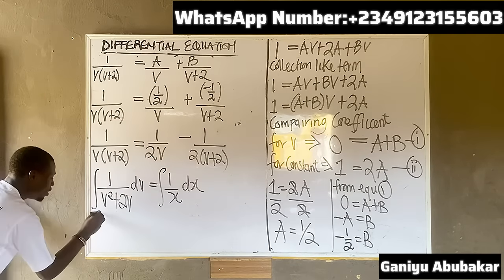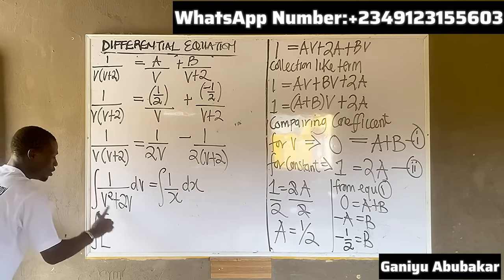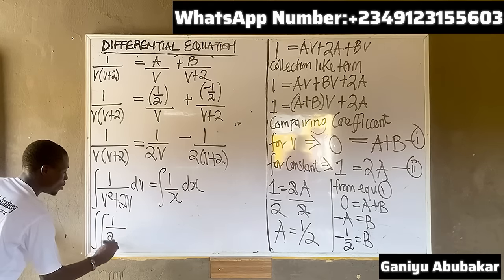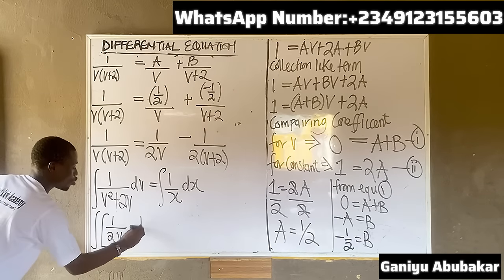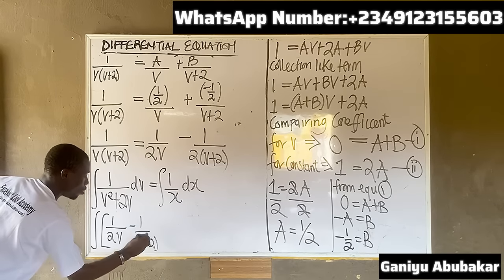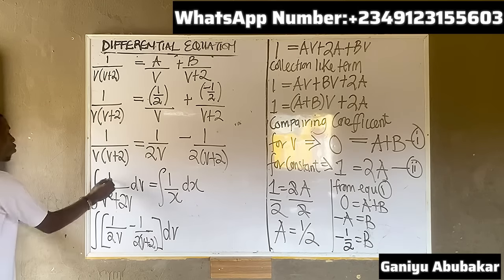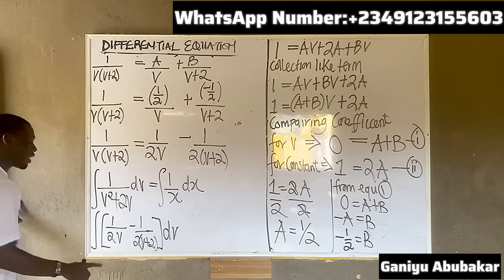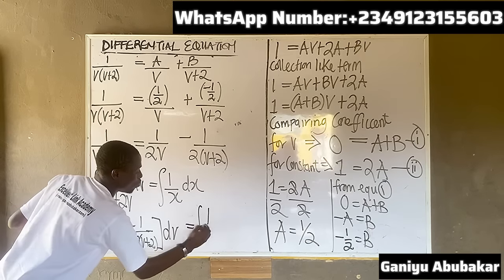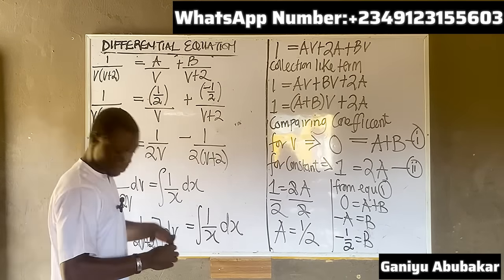So I'll have the integral, open a bracket, 1 over 2v minus 1 over 2 into v plus 2. Close the bracket. Of course, I have the v outside. 1 over v squared plus 2v can be expressed as these two fractions, equals the integral of 1 over x with respect to x.